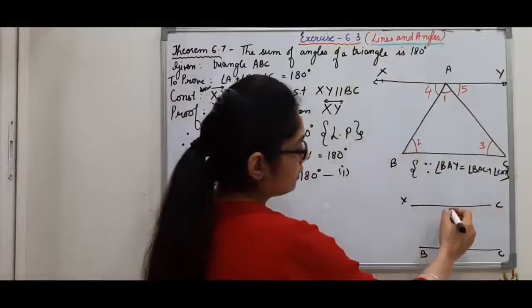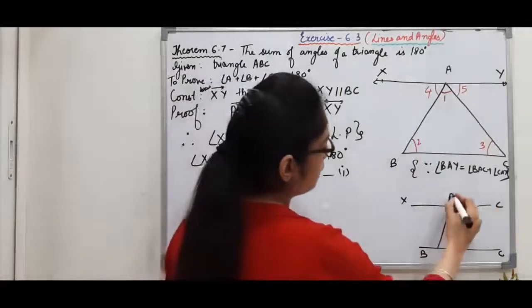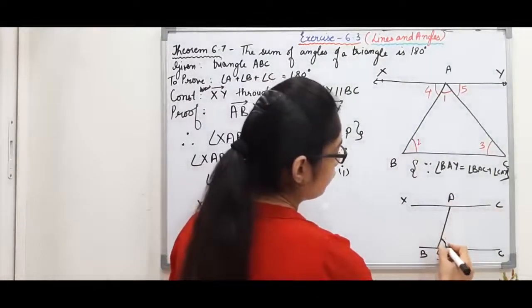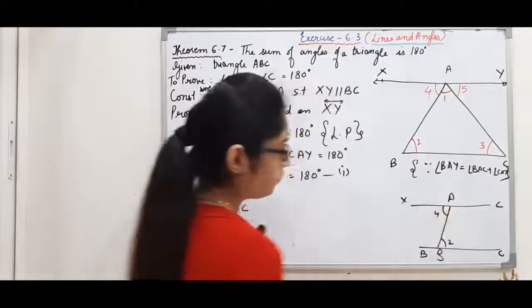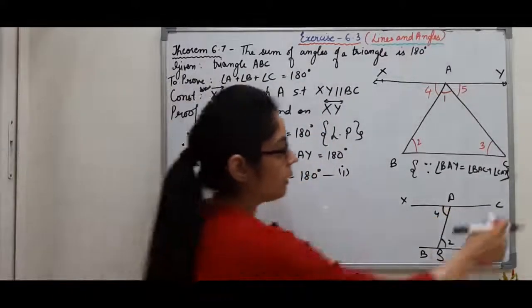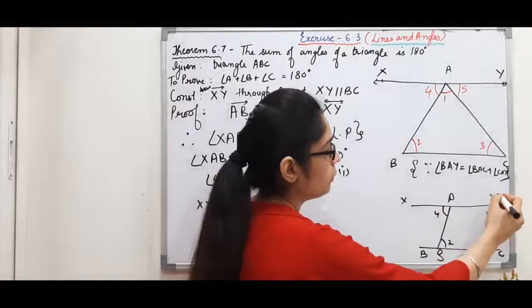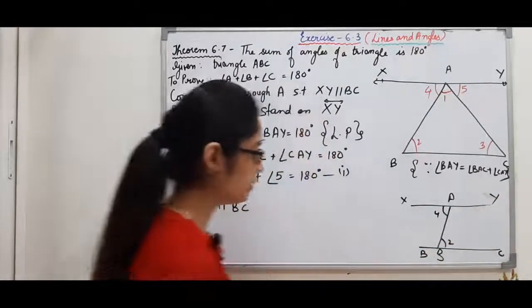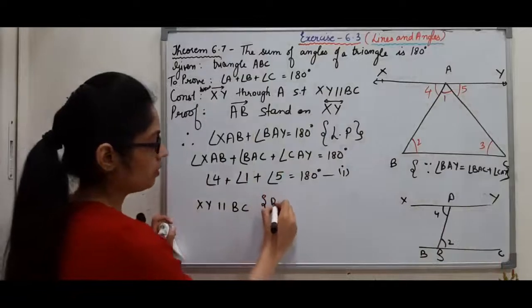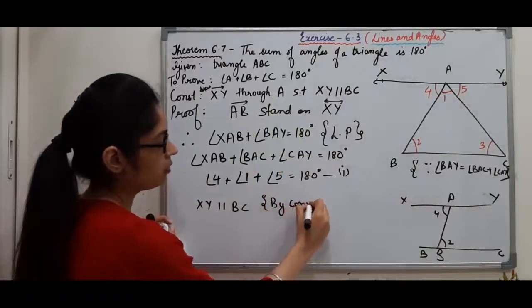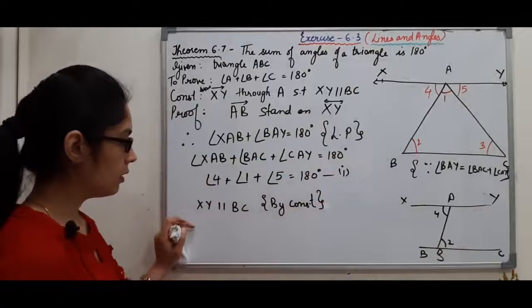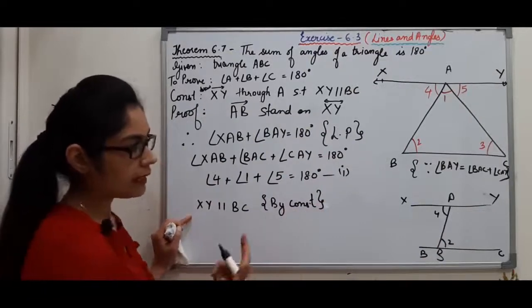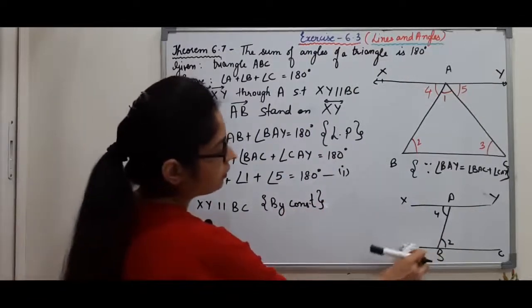If I take AB as a transversal, I have angle 2 and angle 4. XY is parallel to BC. This is by construction. We can mention the reason also.